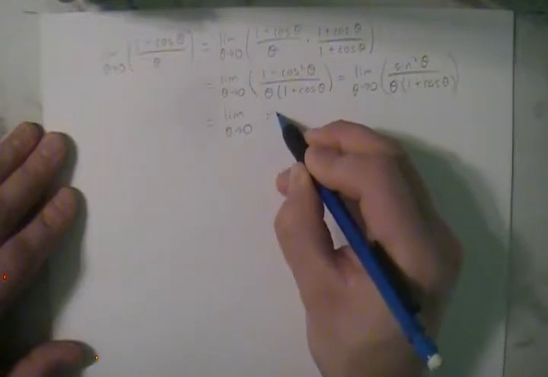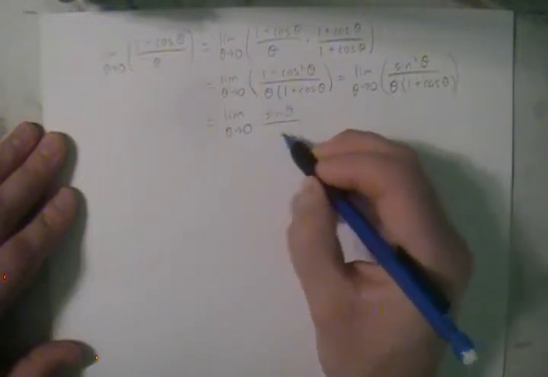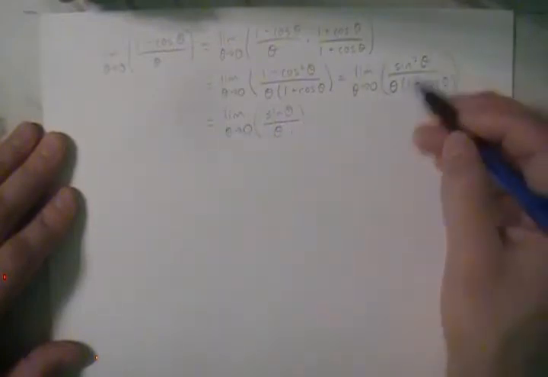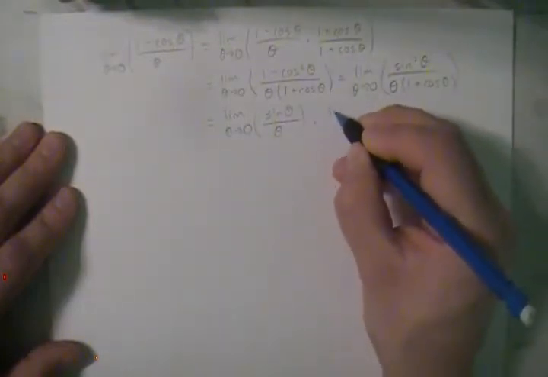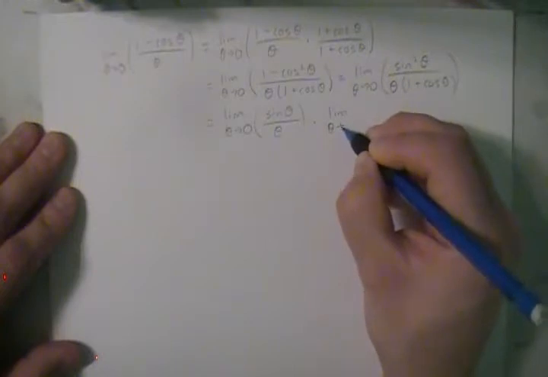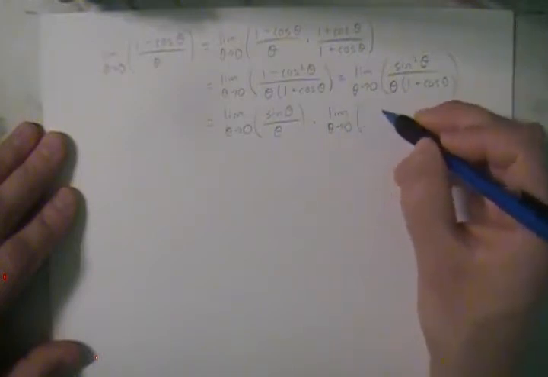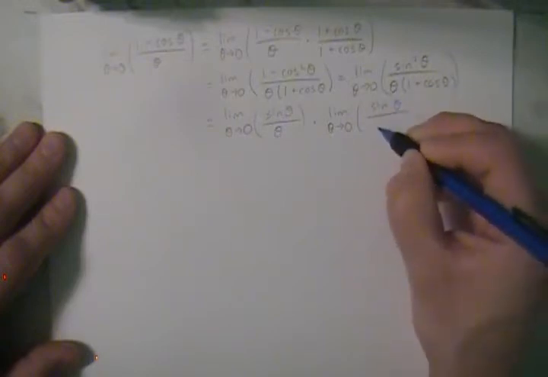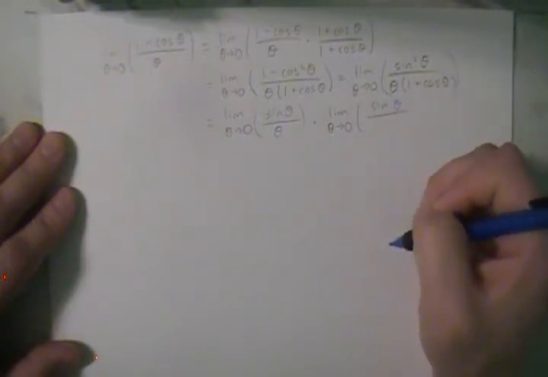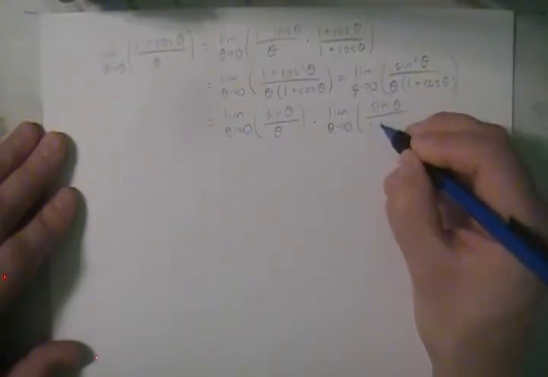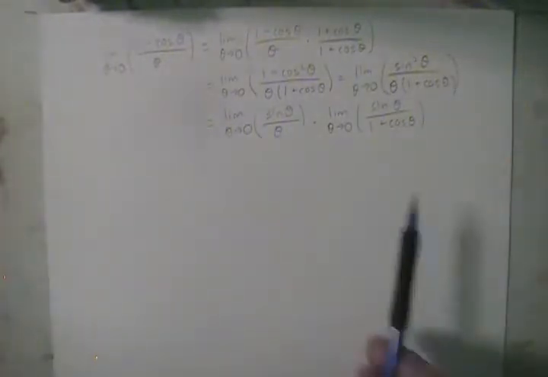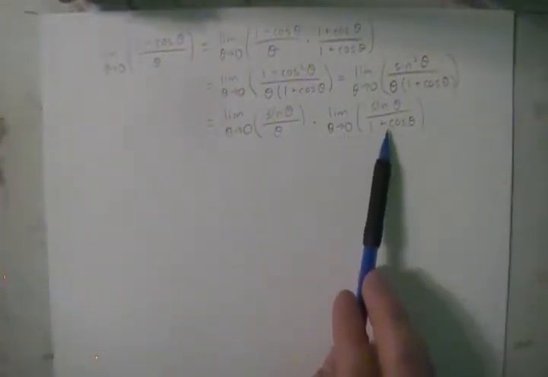So this is something that can be done. I can take that sine theta divided by theta, take the limit of that function, and then multiply it by the limit of this function, sine theta divided by 1 plus cosine theta.